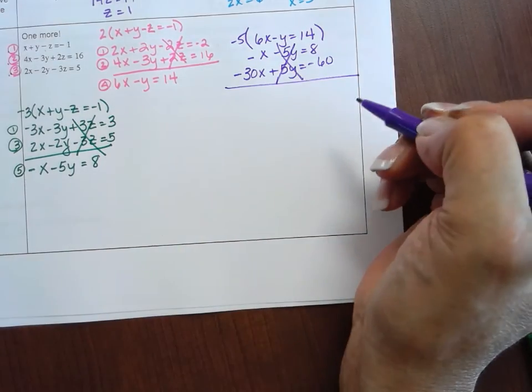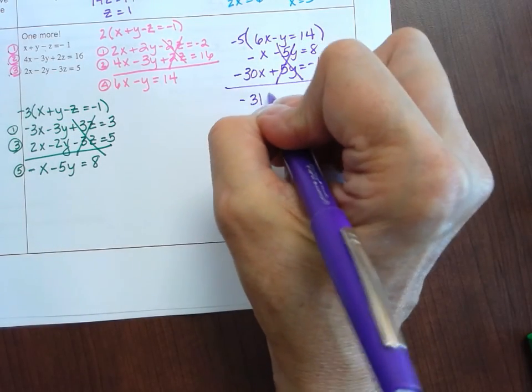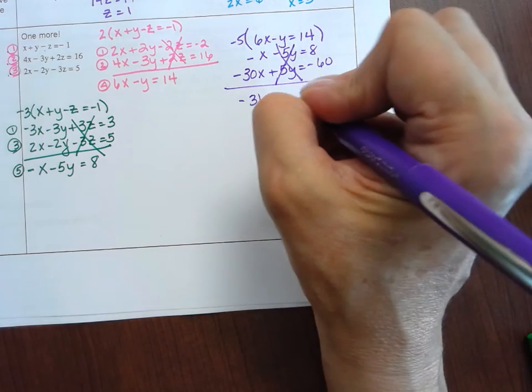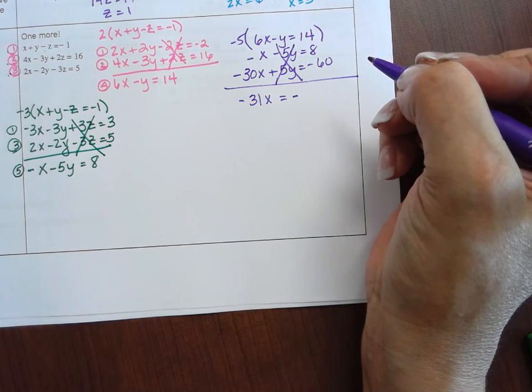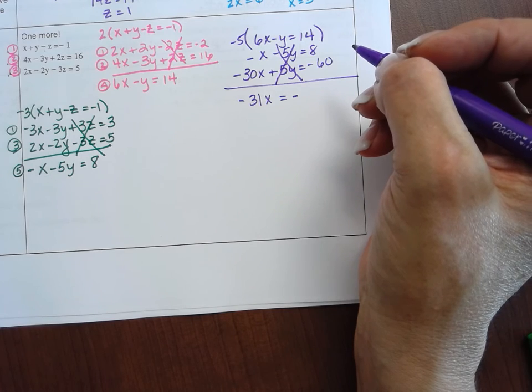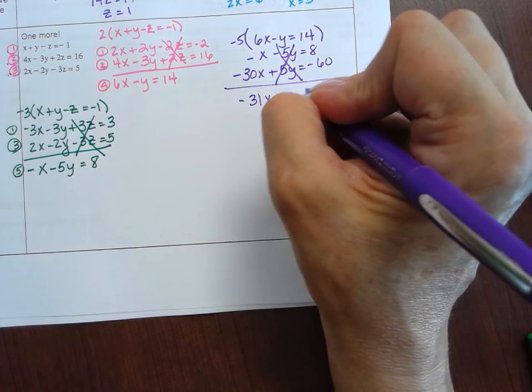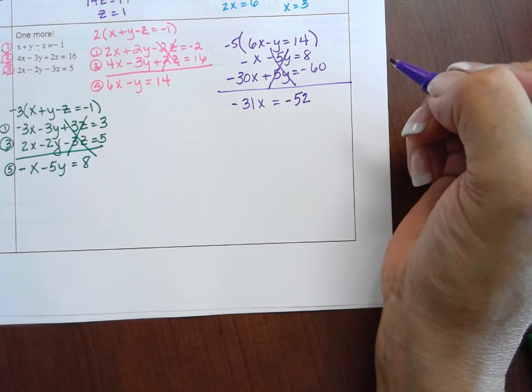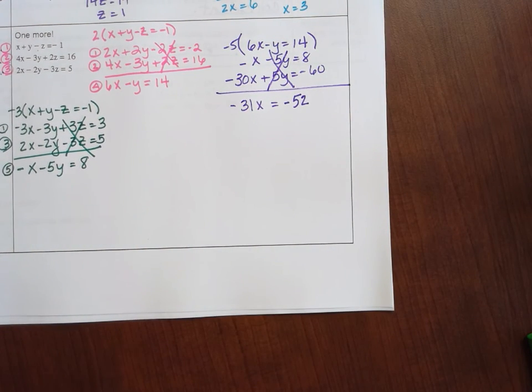Perfect. My y's cancel, so I get -31x is equal to, what is that? I'm not going to get an even answer, am I? What's 51 divided by 31? Where's your calculators?